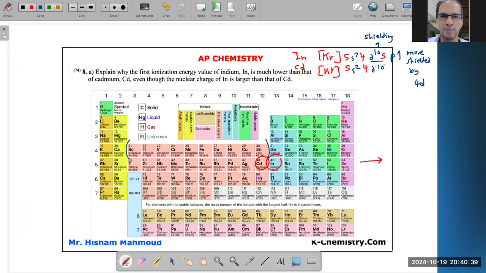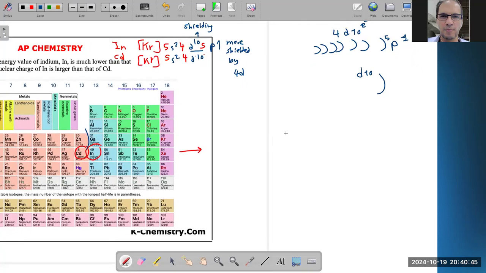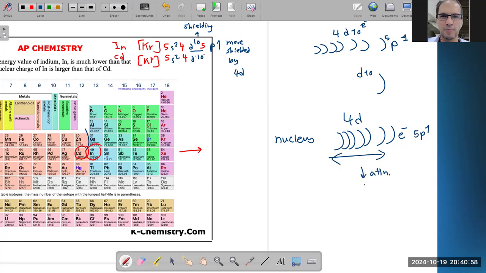All of these create a layer between the external electron and the nucleus, which makes it harder, as we said before. This is the nucleus and this is the external electron, the 5p1, and all of these in the 4d create shielding. Do they decrease the attraction or increase it? They decrease the attraction, so it's much easier to remove the electron.